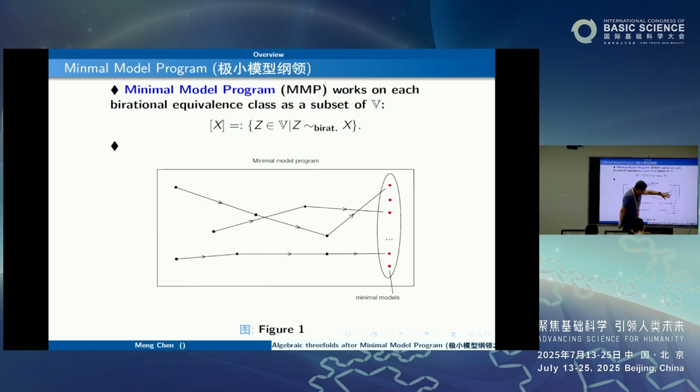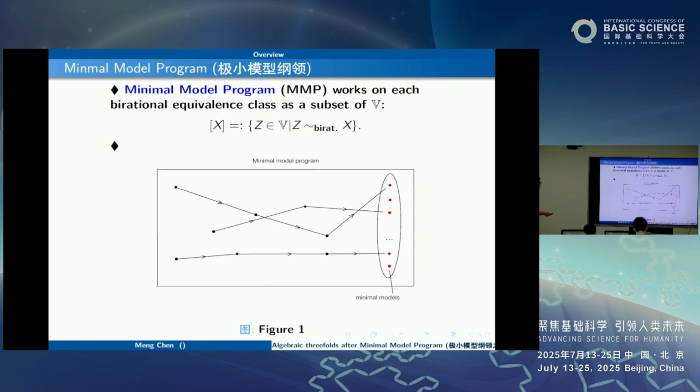And for any minimal models, their relation can also be described. Roughly, they are connected by flops. So this strategy, or MMP theory, says that any two objects inside a single equivalence class have their relation explicitly described.